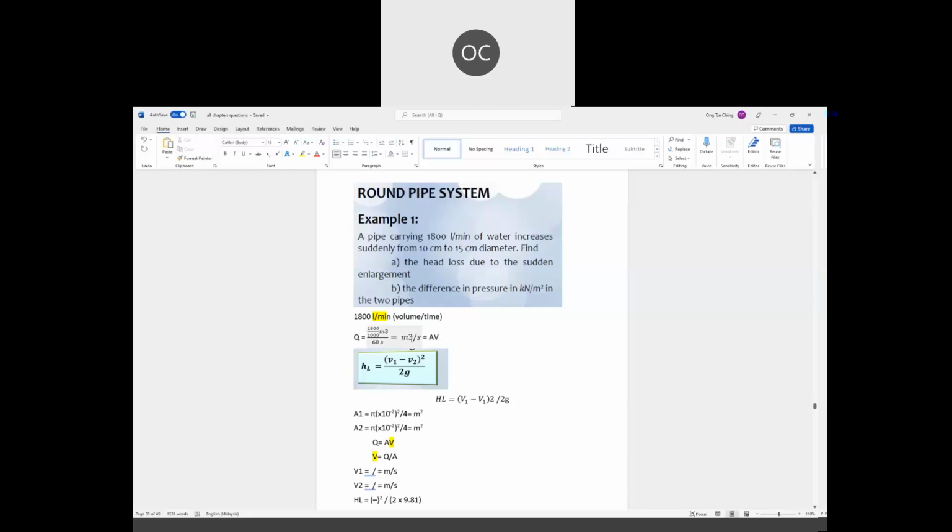Maybe you need to write this one down. It's quite a popular question. Normally they will give you liters, so they might require you to convert to cubic meters. You divide by 1,000. Then for minutes to seconds, you know that 1 minute consists of how many seconds? 60 seconds, right?